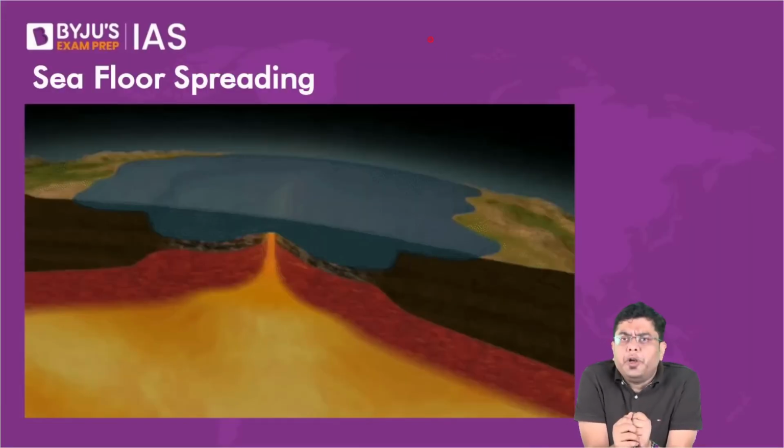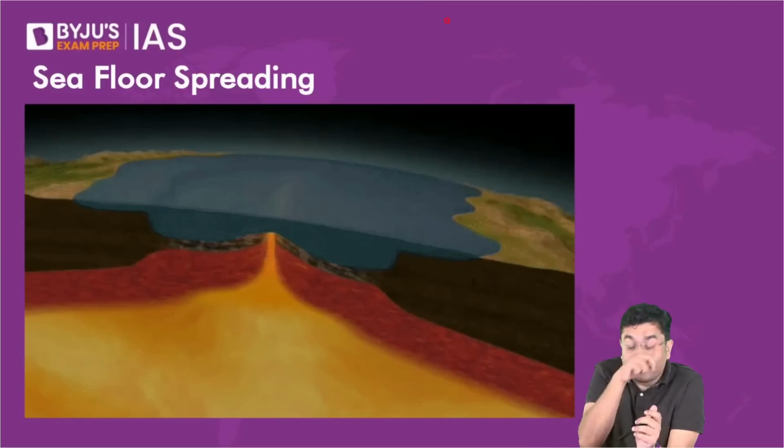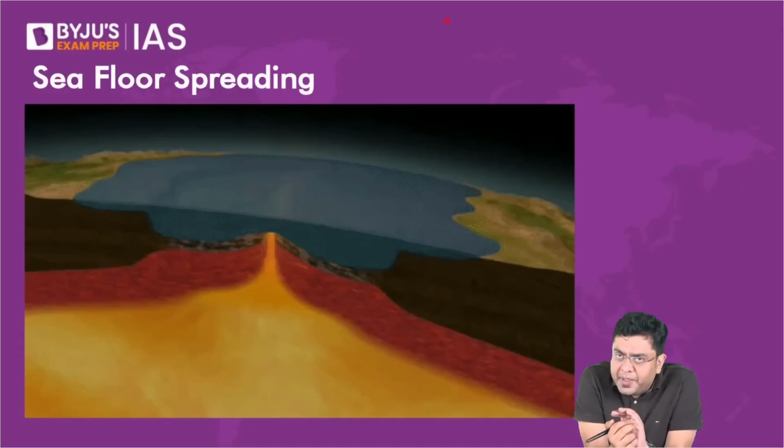Now, till that point of time, the general understanding for the entire planet was that when you look at the sea from the top, the ocean appears flat. So the general assumption was that the base of the sea would also be very flat.